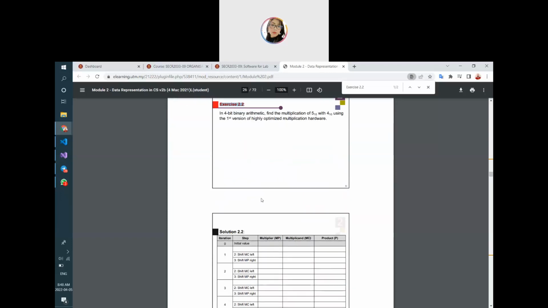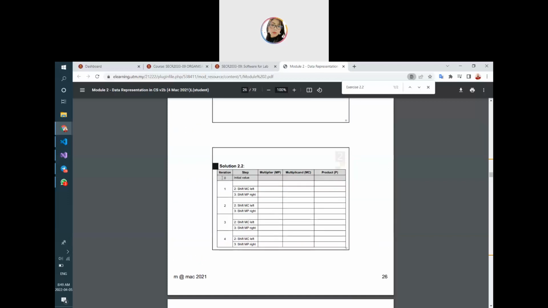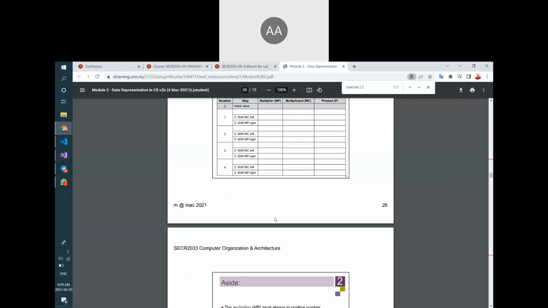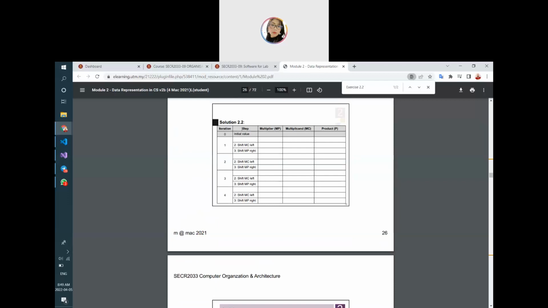Okay, this one. You can see there is a solution there. You screenshot first because we need this table. You just need to fill in the table. It is two pages, but one page only. So do I open Excel and fill it? I think not Excel. Maybe you can use Paint or Word.